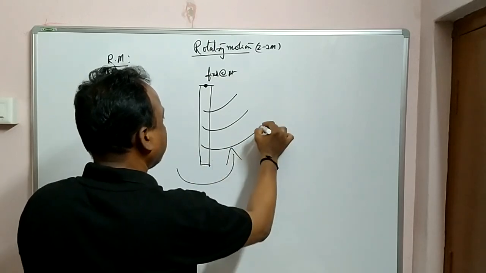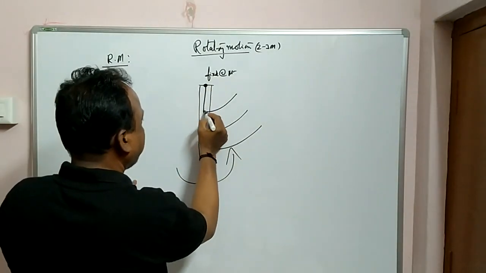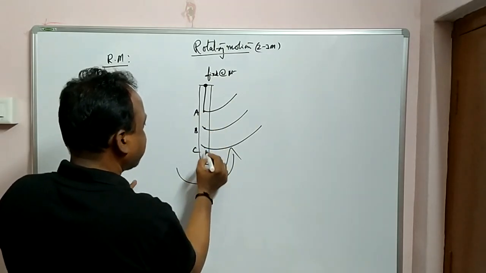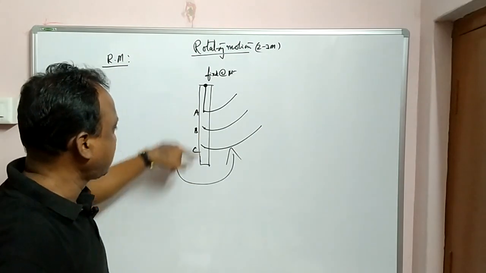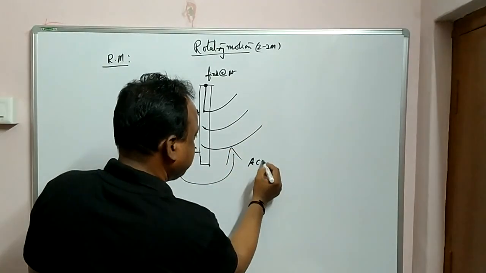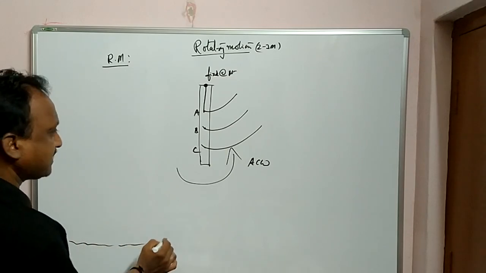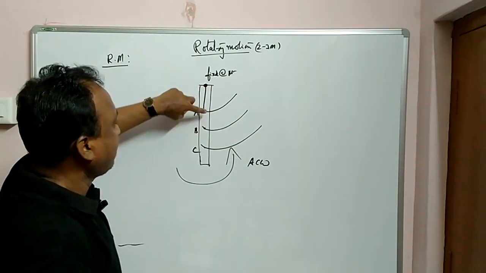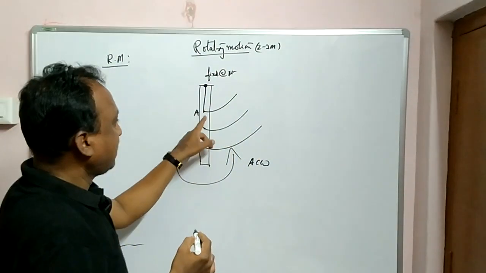Let us take 3 points A, B and C on this iron rod. It is rotating in anti-clockwise direction.